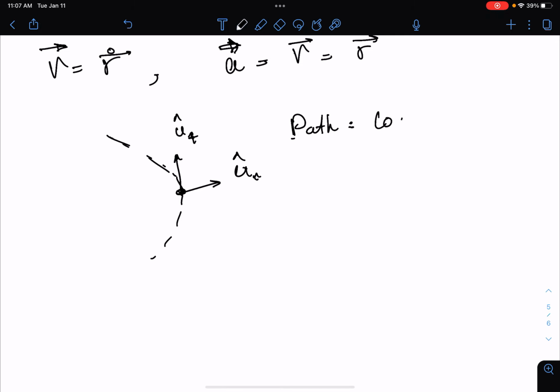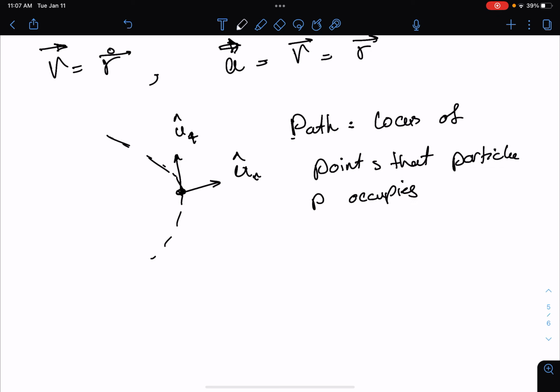But it is defined as: path is defined as the locus of points that particle P occupies in a space. Locus.